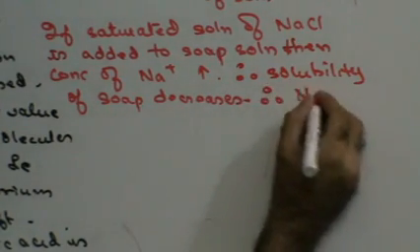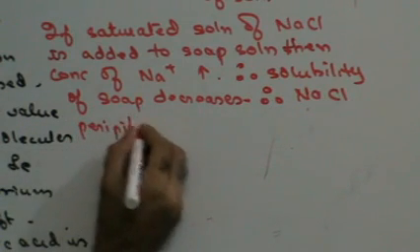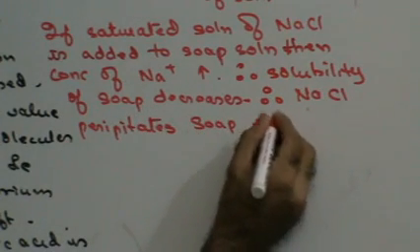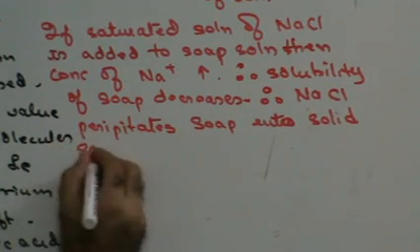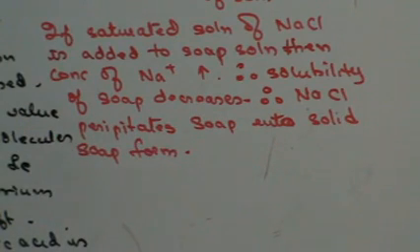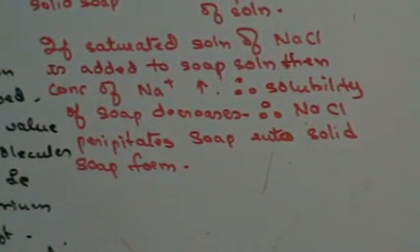So the solubility of soap is decreased. Otherwise, as soon as you put soap in water, it should dissolve completely, but it does not dissolve because of the presence of salt. Fine, do we understand this? So, do we understand common ion effect?